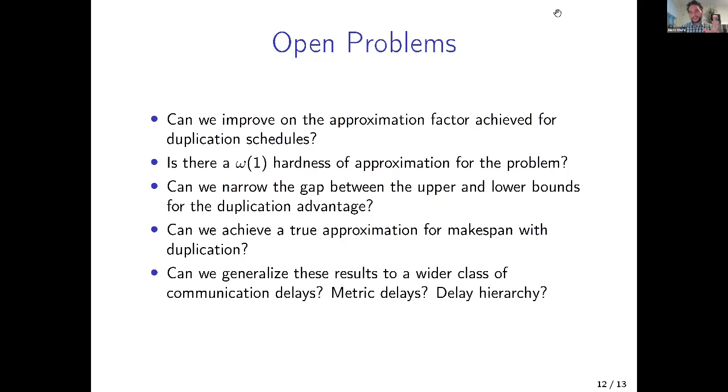So if the communication delay is rho, and all jobs can be scheduled in less than rho time, allowing duplication, that's the case where we don't know. We're not sure about hardness, we're not sure about approximations. And you don't just mean by your LP, right, David? You mean optimally? Yes.